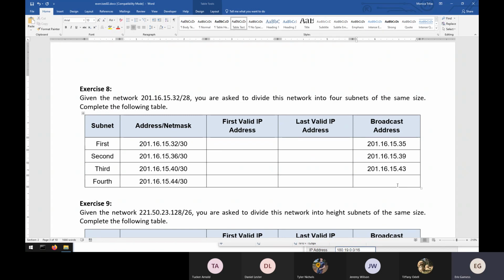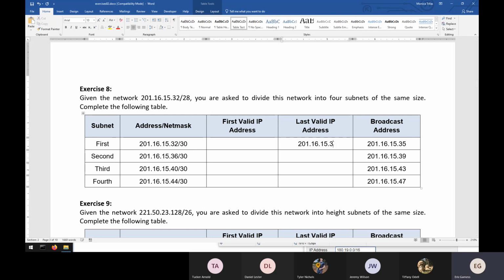So the next subnet, if we did have one, will start in 48. We don't have this next subnet. But hypothetically, if we had one, it would start in 48. So this one has to end in what? 47.